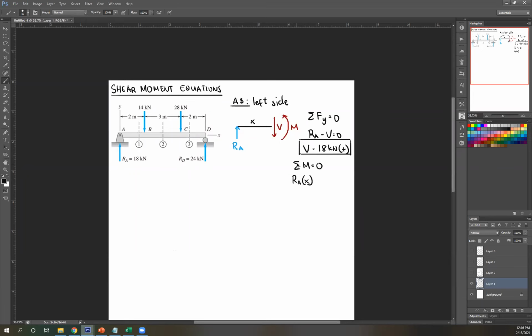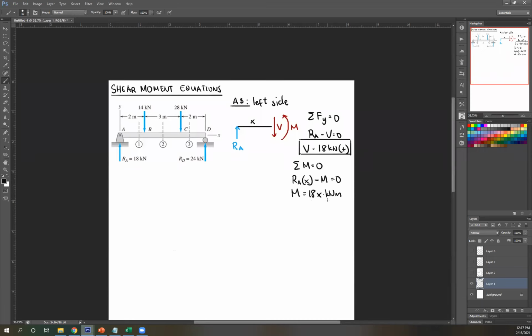And positive since clockwise. And then V is at this segment, so no moment. And then M here is counterclockwise, so minus M, the actual direction of your moment, equals 0. So M therefore is just RA times x. And RA is 18, so it's just 18x, unit kilonewton meter. Then positive, therefore the assumption is positive.